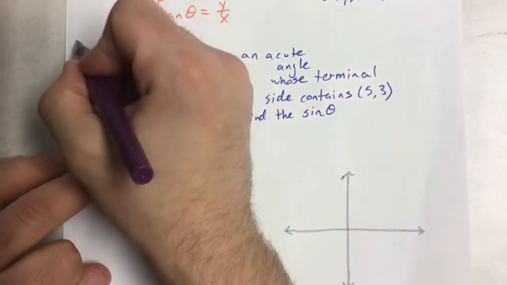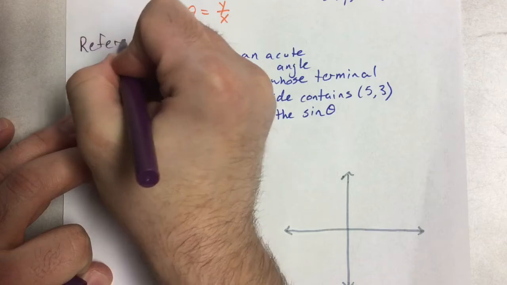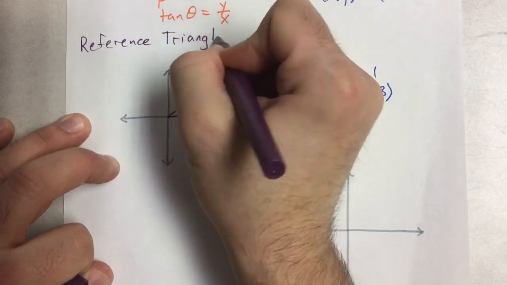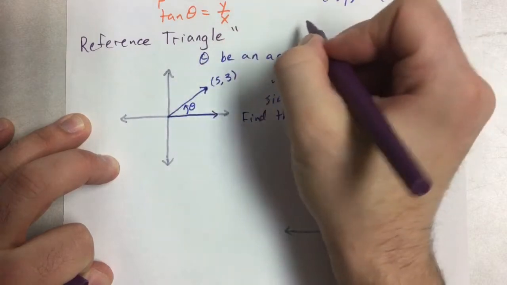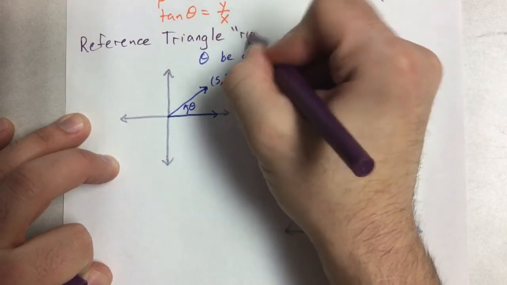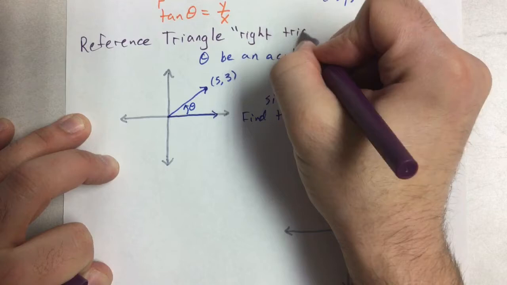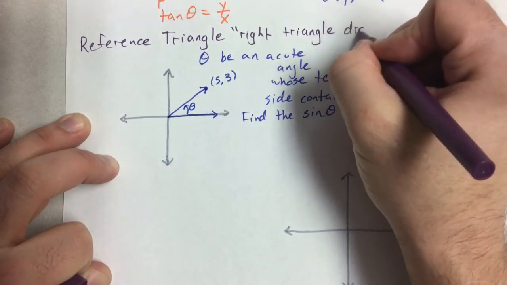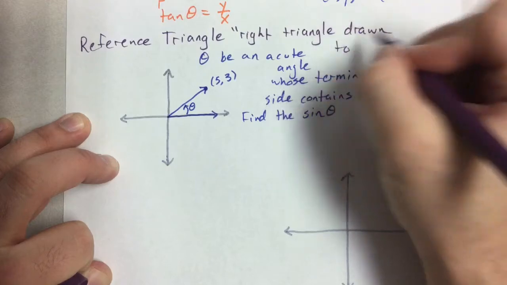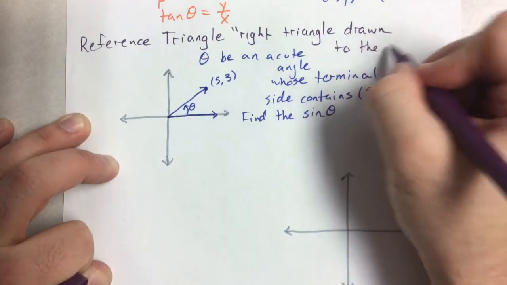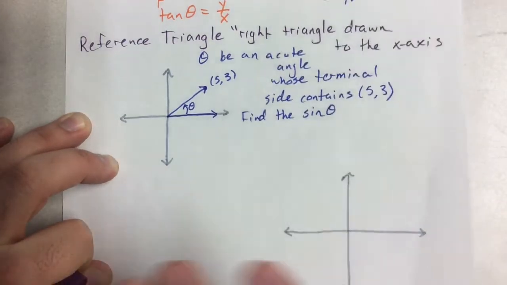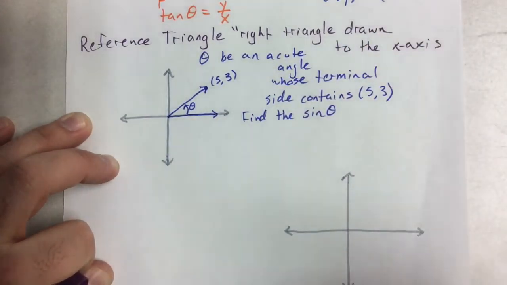So I'm going to write this up here. A reference triangle. What a reference triangle is, it's a right triangle drawn to the x-axis. So it's just to refer to when writing our ratio.